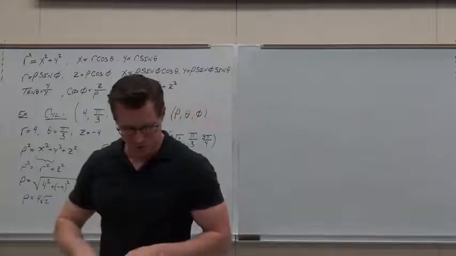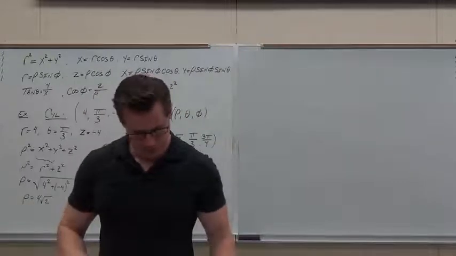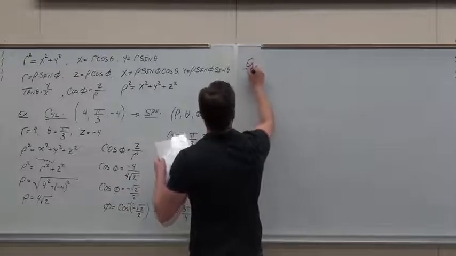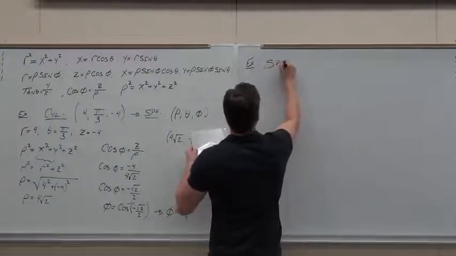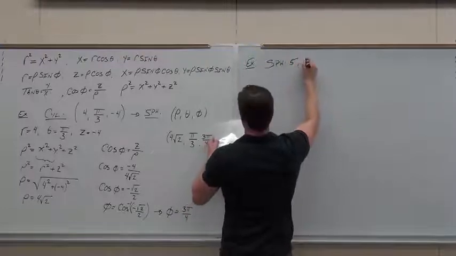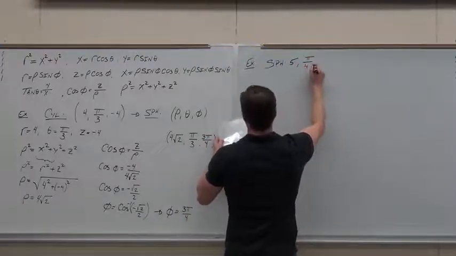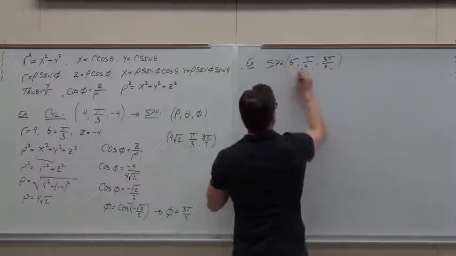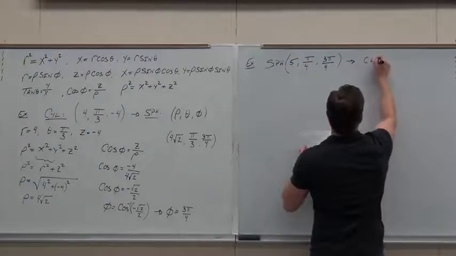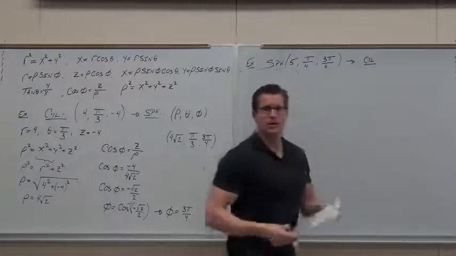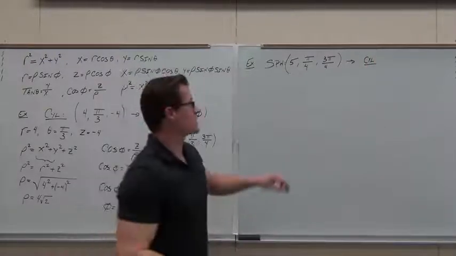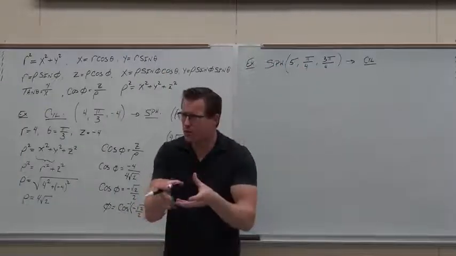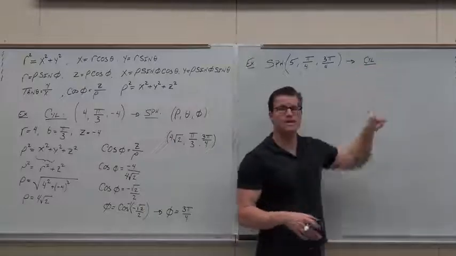Let's go backwards. Let's go from spherical to cylindrical. The first idea I want you to do is, if ever I give you a type of coordinate system, write down what we have, and then also write down what you need.